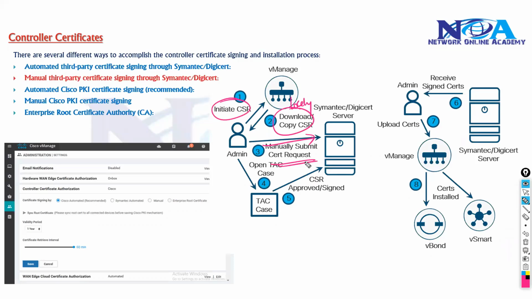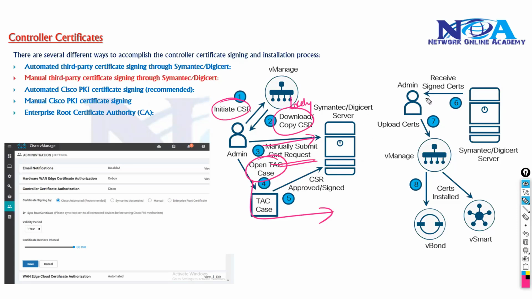There will be a portal, the Symantec DigiCert portal, where you need to upload your certificate. We'll be doing a similar process with our enterprise CA as well. You also need to open a Cisco TAC case for the complete process.